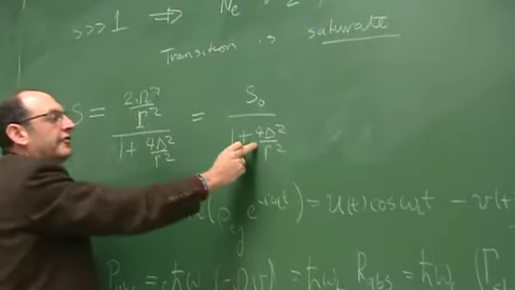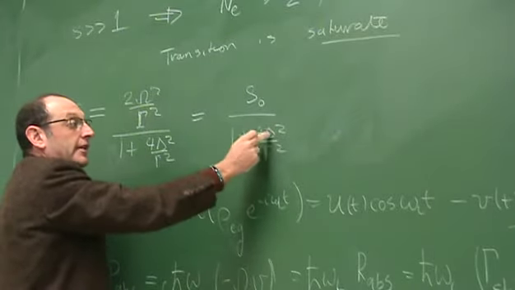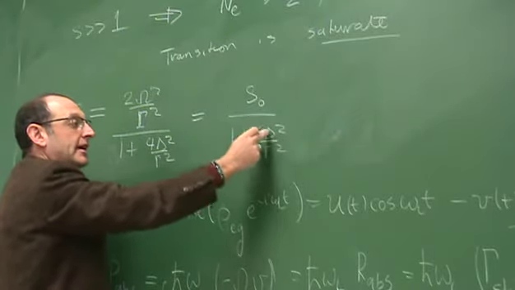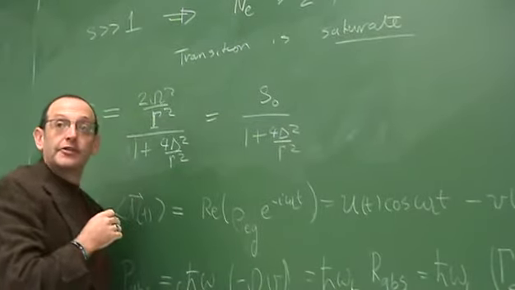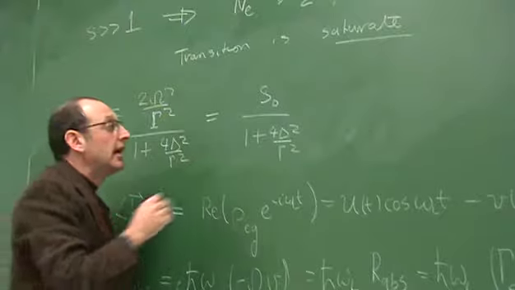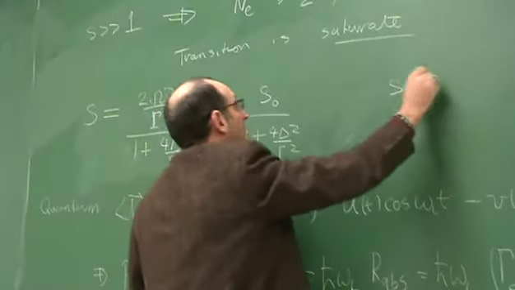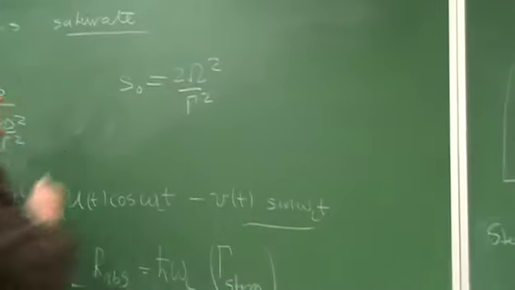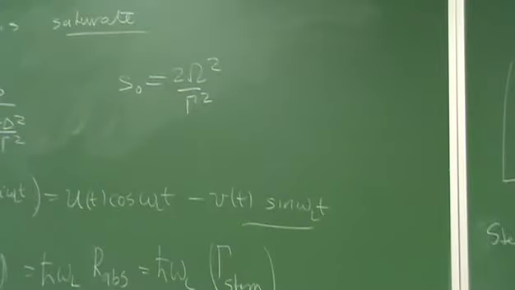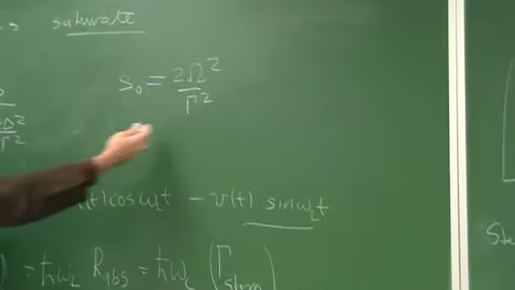And it falls off like a Lorentzian. For the detuning big compared to the line width, this falls off like 1 over the detuning squared. And the saturation parameter on resonance is 1 when the Rabi frequency is equal to the line width over root 2.